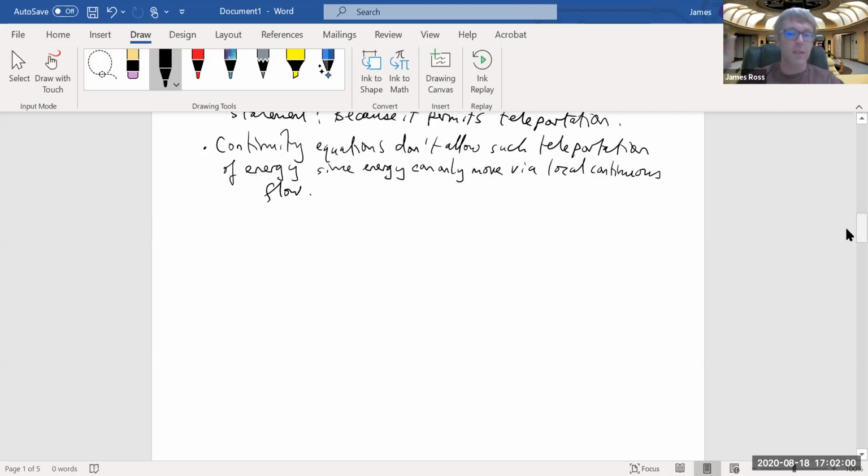So we're 30 seconds away from actually writing the continuity equation. But one more tease. The weaker statement is our conservation of energy.